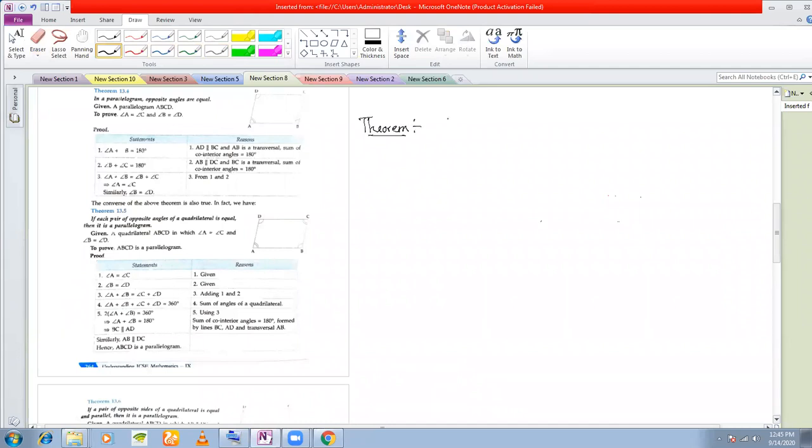The theorem here is, if each pair of opposite angles of a quadrilateral is equal, then it is a parallelogram.